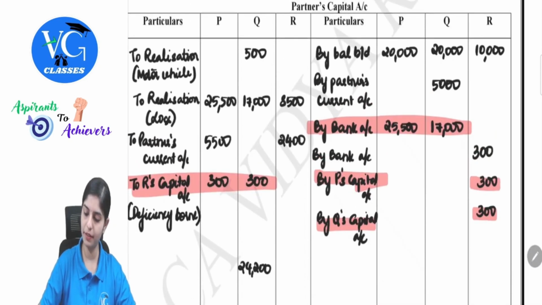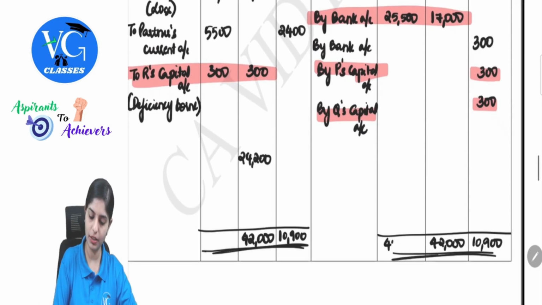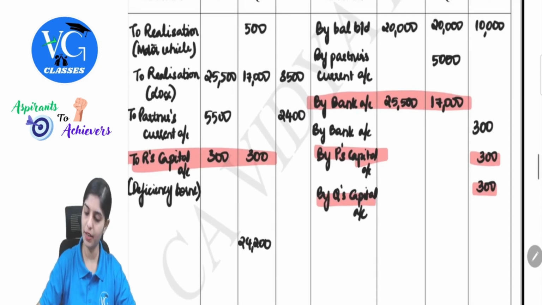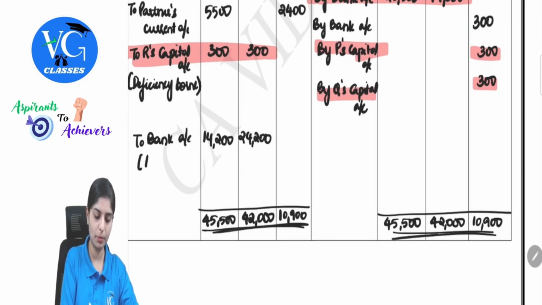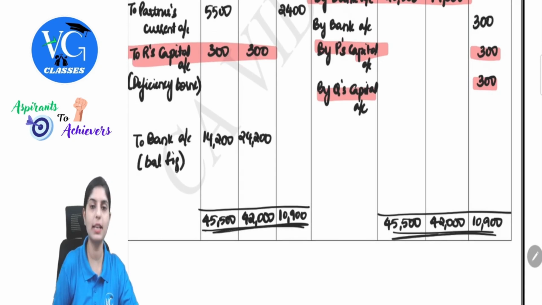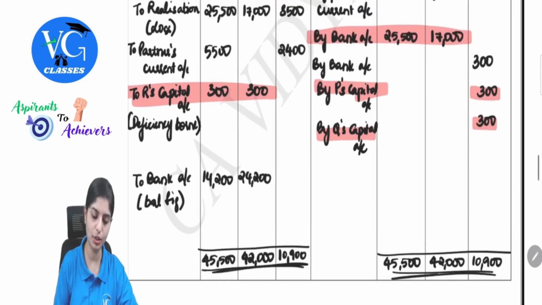For P, 20,000 plus 25,500 is 45,500, minus 25,500, minus 5,500, minus 300, 14,200 to bank account. This will be the balancing figure, which indicates that payment is made to P and Q.